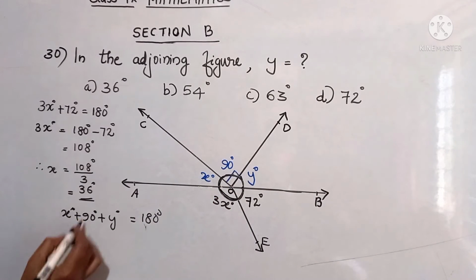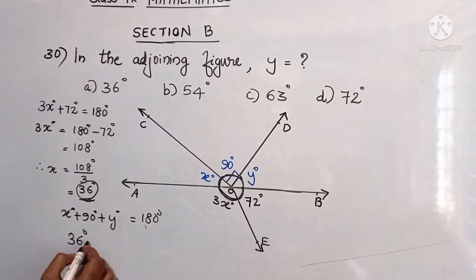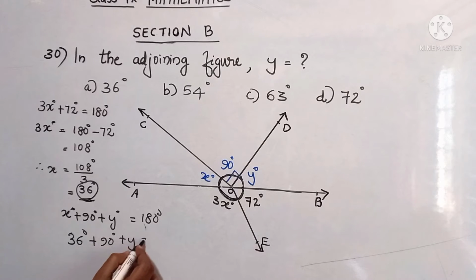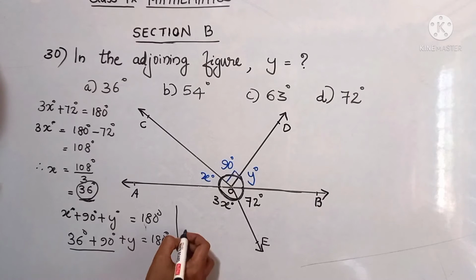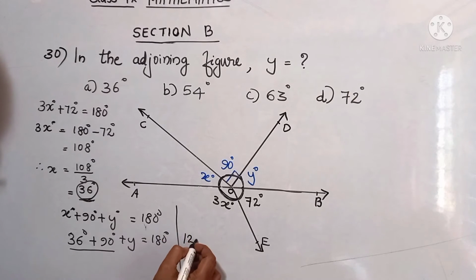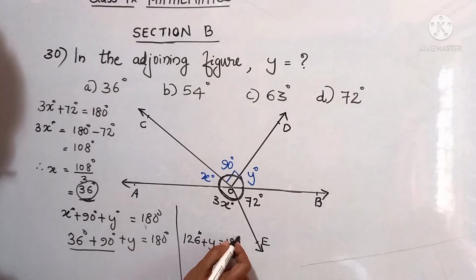Then x we know is 36 degree. X we have already got 36 degree plus 90 degree plus y is equal to 180 degree. Therefore, here we can add 36 plus 90 is 126 degree plus y is equal to 180 degree.